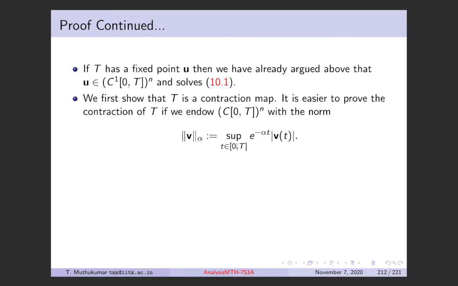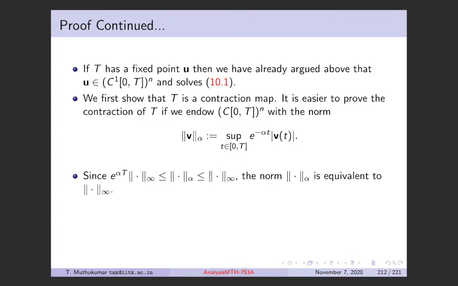Now this norm is equivalent to the sup norm. That is because we can see that this norm has this relation: e to the power minus alpha T times the sup norm is less than this alpha norm, and this alpha norm is less than the sup norm because this factor is less than 1. So with these inequalities, we actually have that the norm alpha is equivalent to the sup norm.